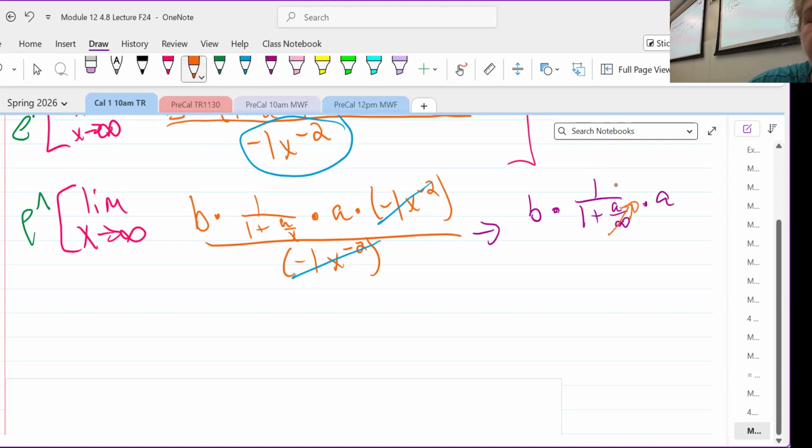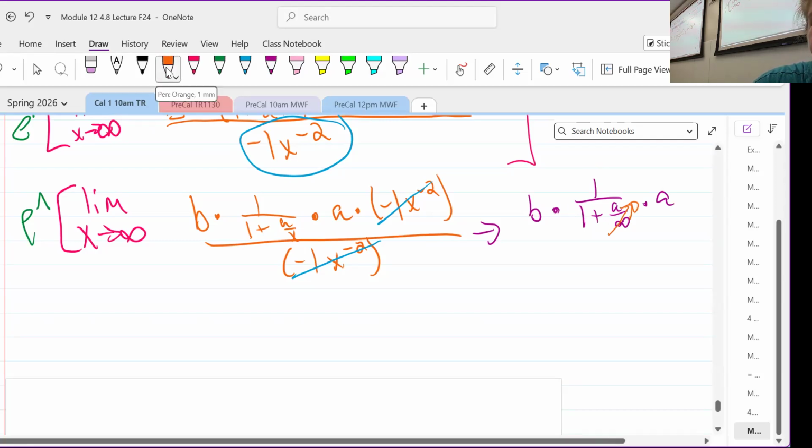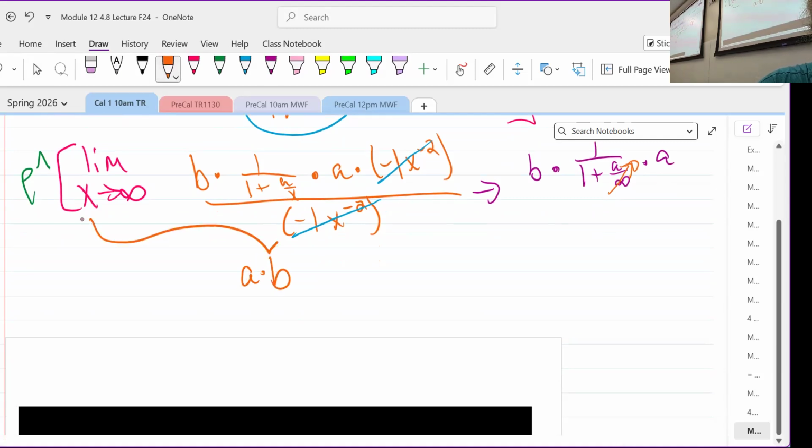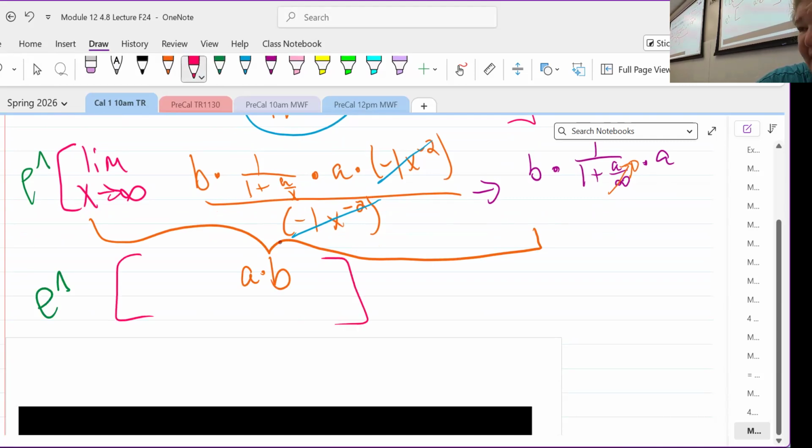So I get ab as the result for my limit. But remember, we had this e to the out front. So a times b was the result of our limit, but the answer to the question is e to the ab.